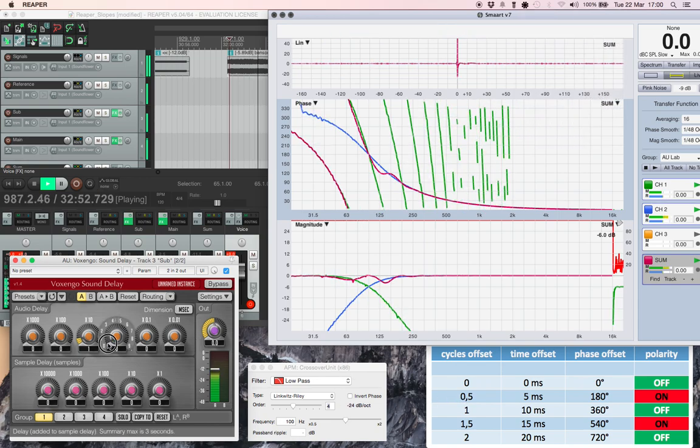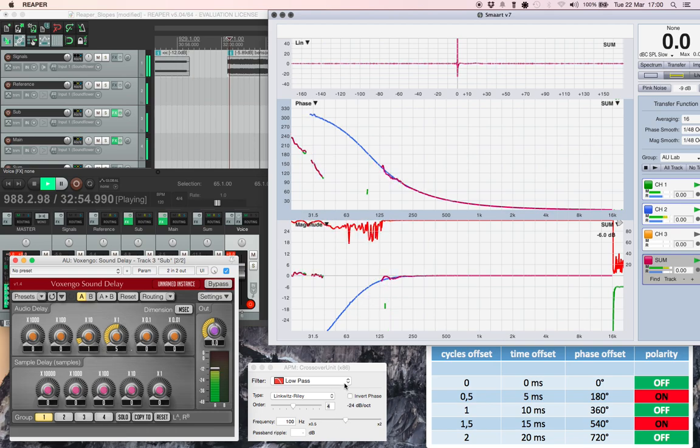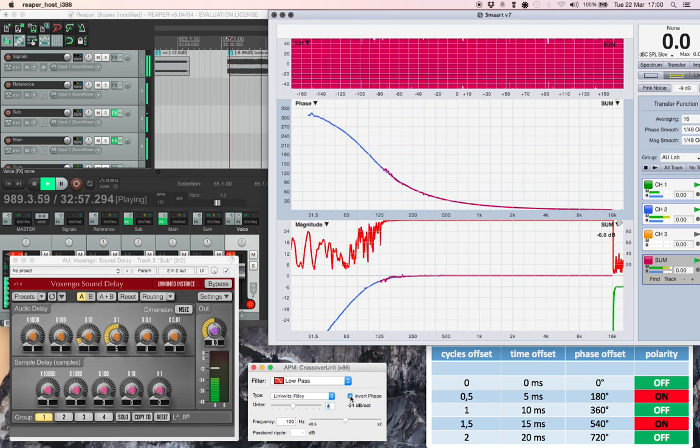So, next instance, 1.5 cycles in phase, 1.5 cycles apart.